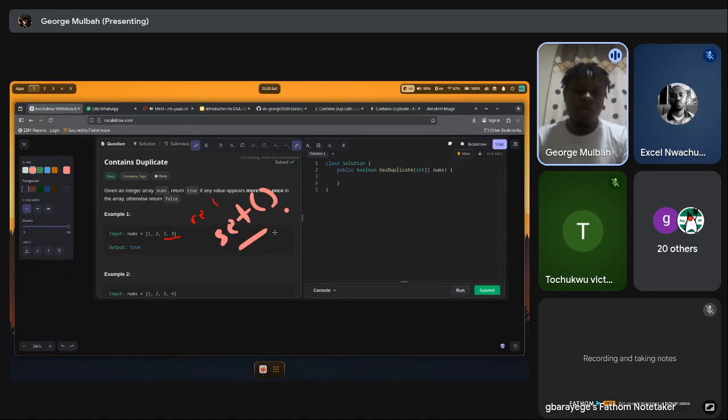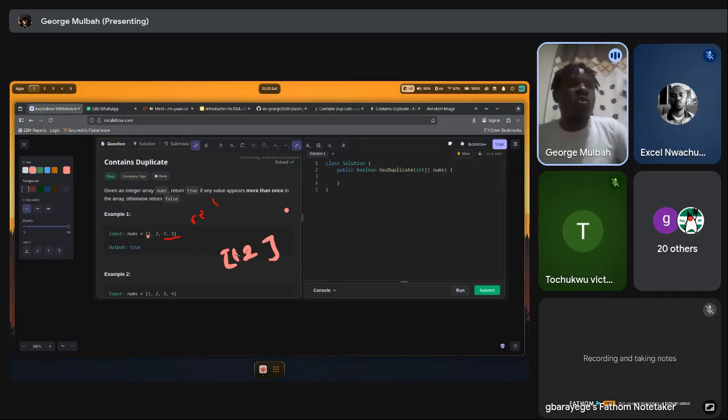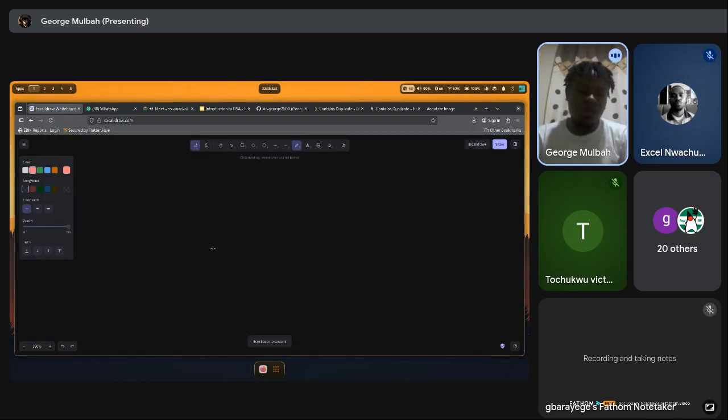So our approach to this problem is to have a set, and since a set does not allow duplicates, we take one, put one in this set. We take two, put two in this set. And before we put the next number in the set, we always ask ourselves, does 3 exist in this set? Before we put 3, we are asking, does 3 exist in this set? No. So the algorithm is like this.